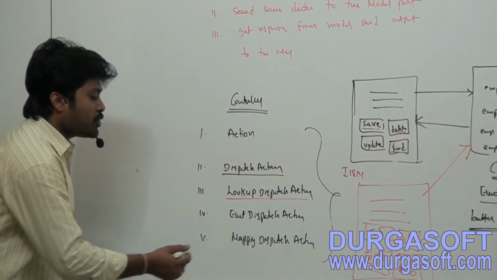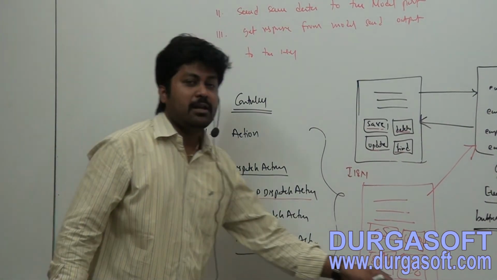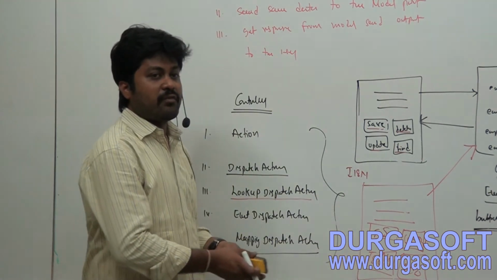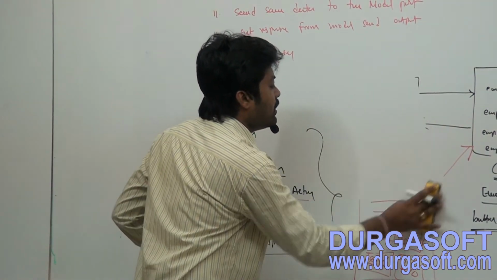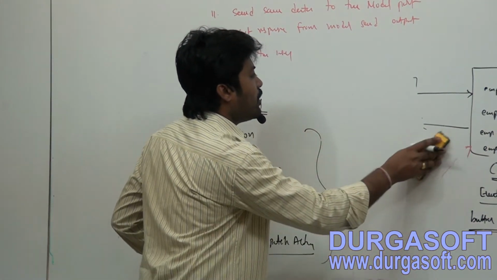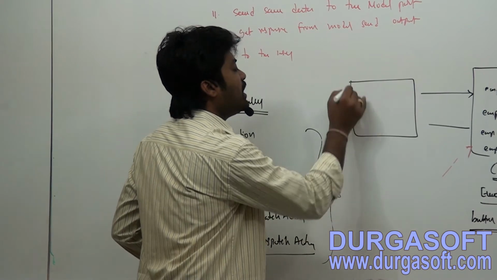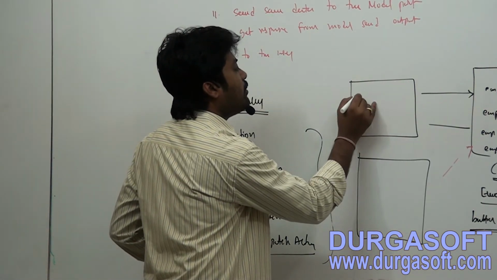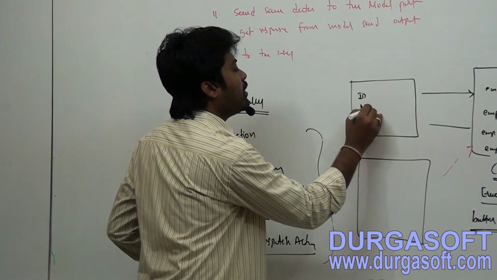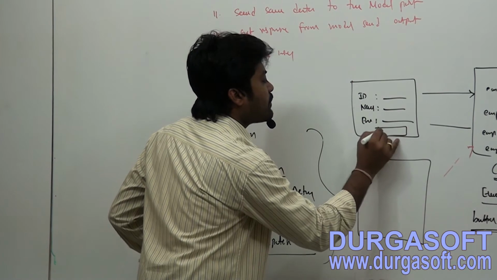Okay, then when should I go through MappingDispatchAction class? If you want to handle multiple form operations from one single controller. Let's say you have multiple UI pages with the same set of operations. Let's say you have one form with employee ID, employee name, employee email, and you want to do the save operation from here.